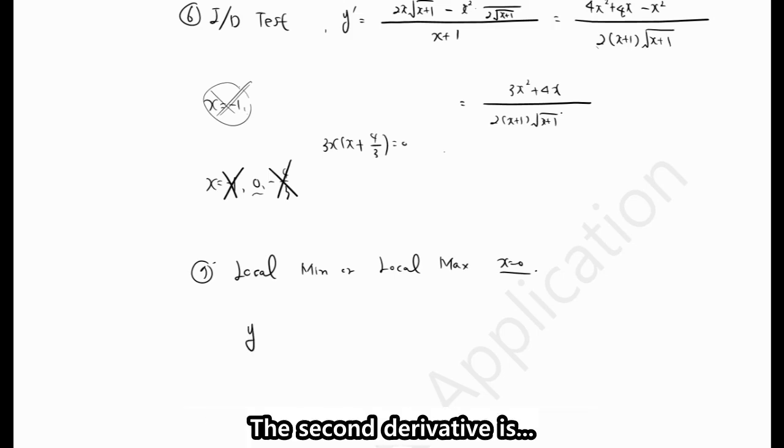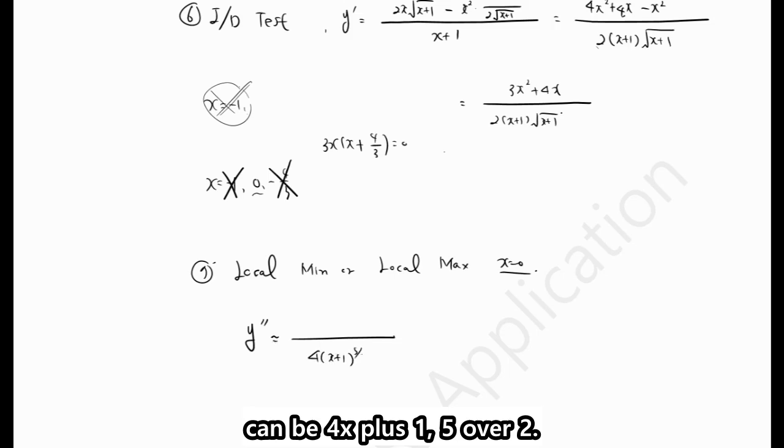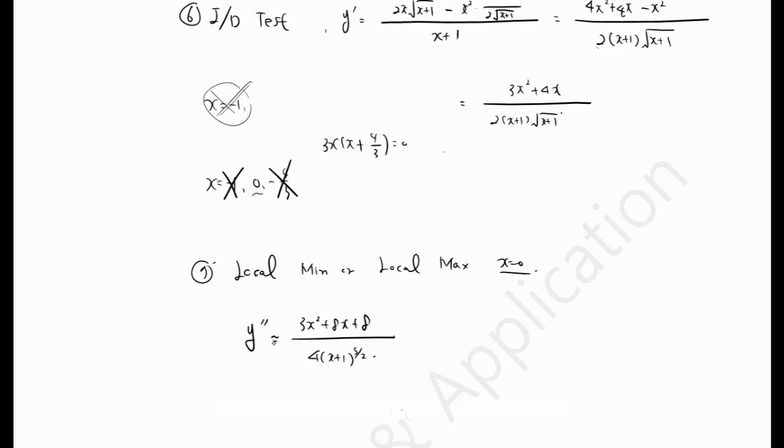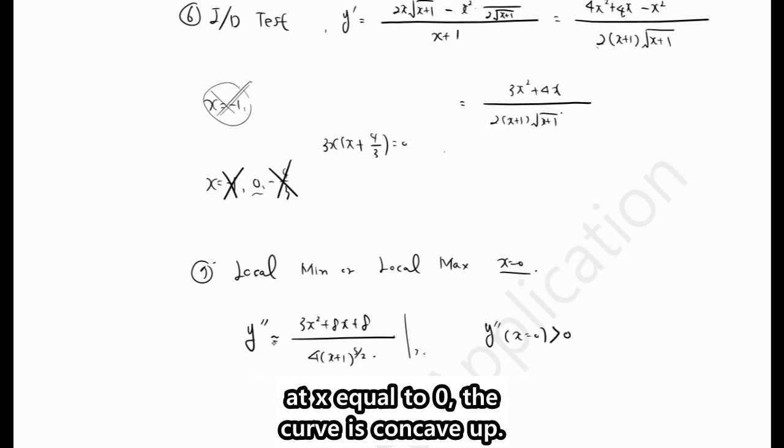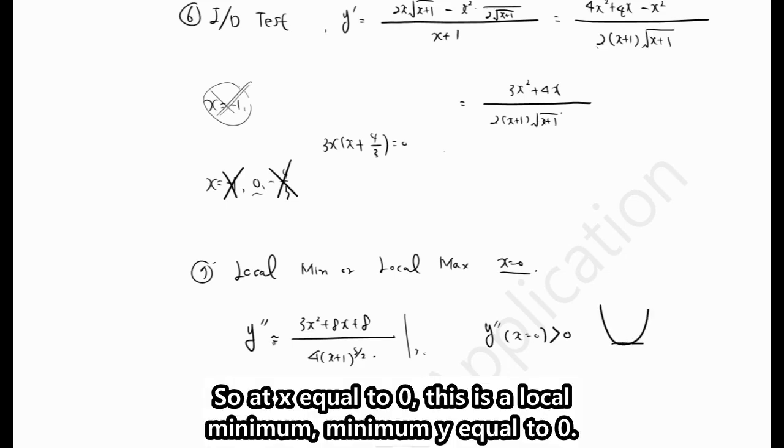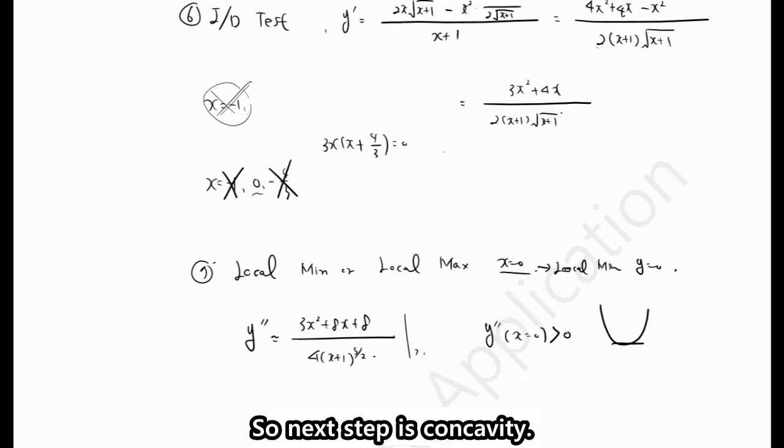The second derivative can be 4 over (x plus 1) to the 5 over 2 times (3x squared plus 8x plus 8). At x equals 0, y double prime is positive. So at x equals 0, the curve is concave up. So x equals 0 is a local minimum, y equals 0.